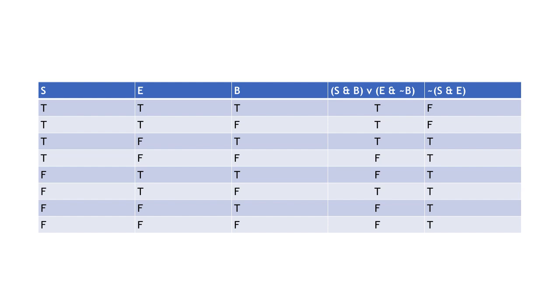It does have its limitations, though, right? And the limitation is this. When you have a lot of letters, when you have a lot of different statements, the truth table gets really long, really boring to write, and hard to follow very, very quickly, right? Remember, I said, well, basically, how many lines do you need for a truth table?